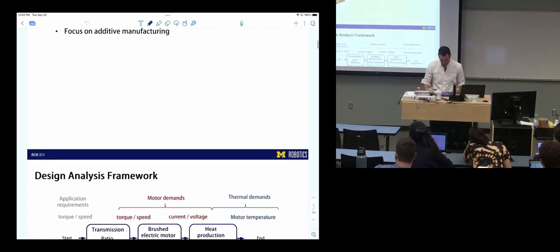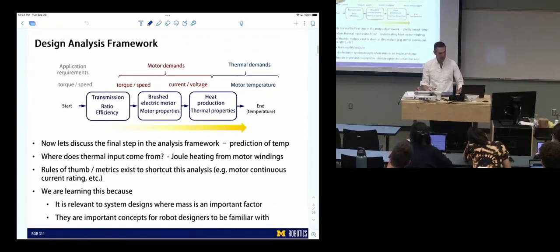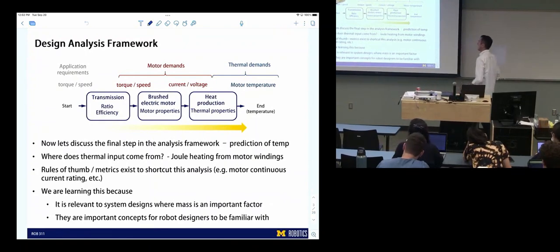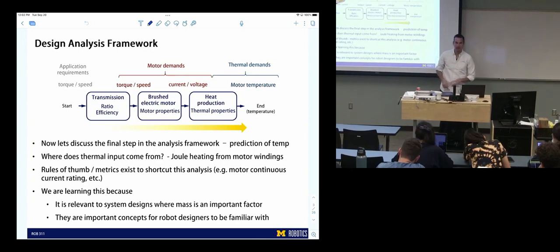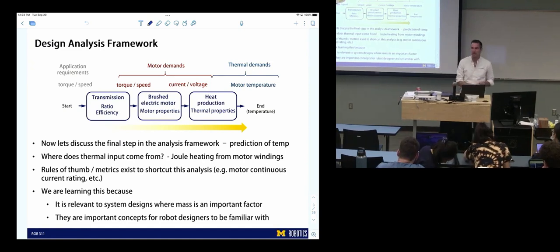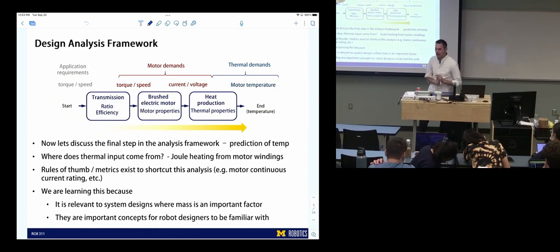Awesome. Okay, this is where we were ending our original design framework for speccing the system. We talked through each of these. Last lecture, we really focused on assessing the thermal properties. We're teaching this to you because, one, it's important, especially for systems like ballbots that care about their mass, and mass properties are going to matter.